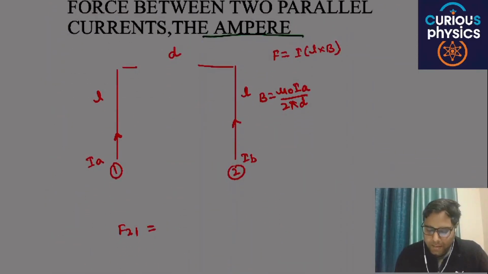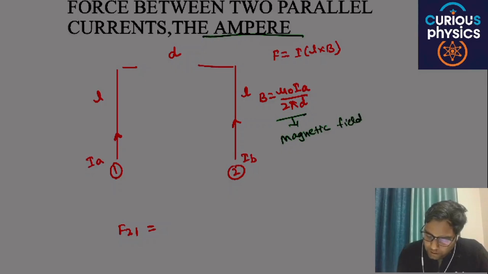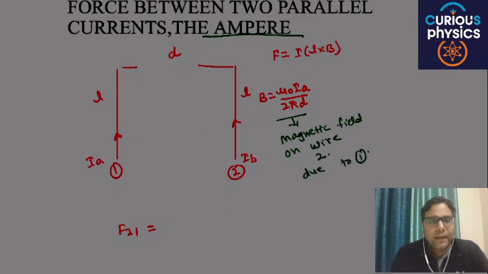This is the magnetic field at this point, at a distance D, on wire 2 due to 1. Are you able to get my point or not?